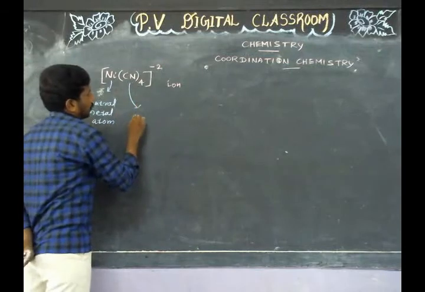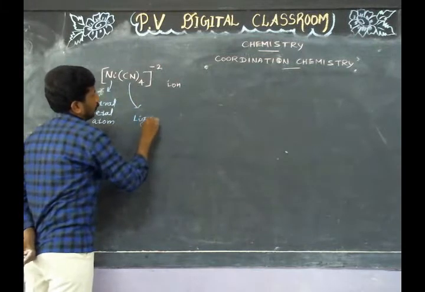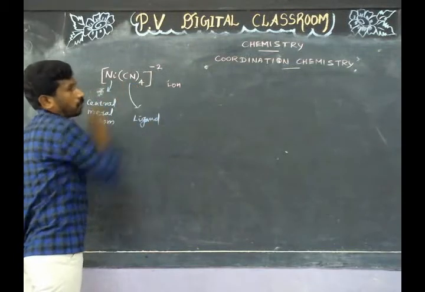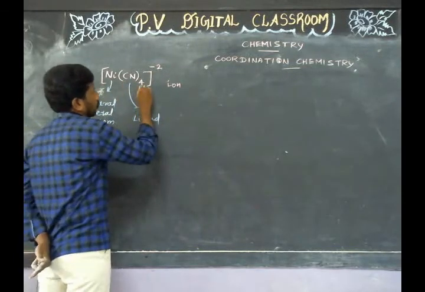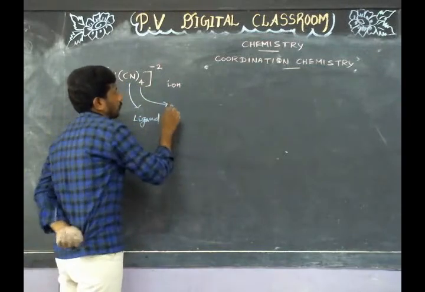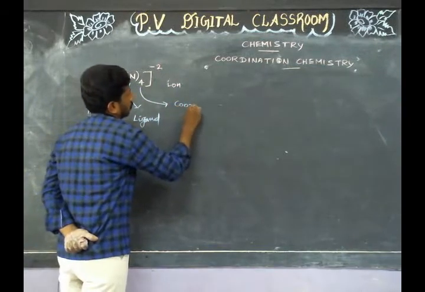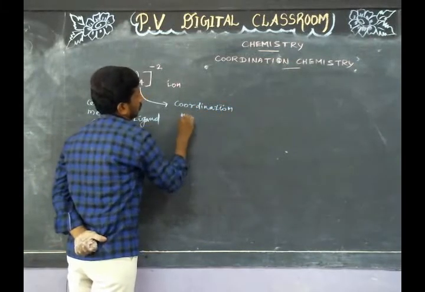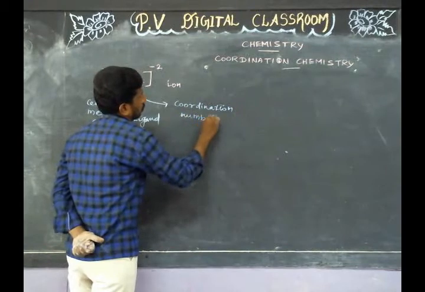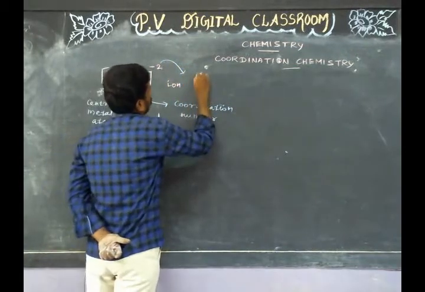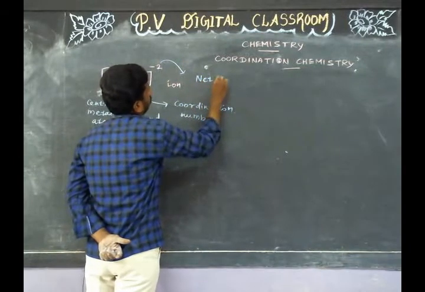CN is a ligand. It is a negative ligand. Its charge is -1. The number 4 represents the coordination number. -2 represents the net charge on the complex.